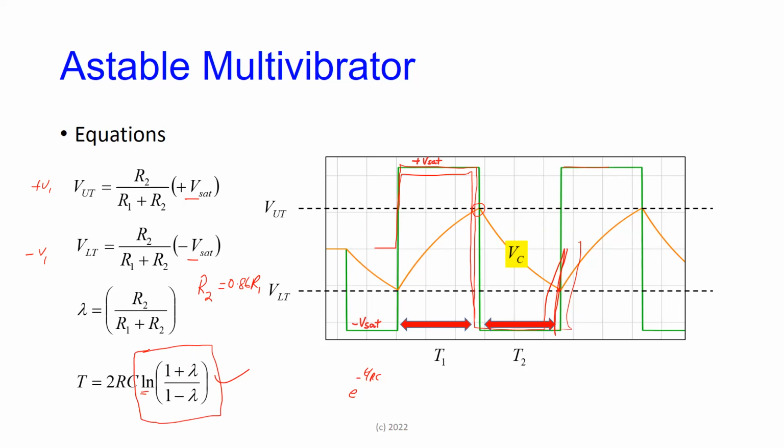If R2 is equal to 0.86 R1, what does that do? Anybody have any idea?